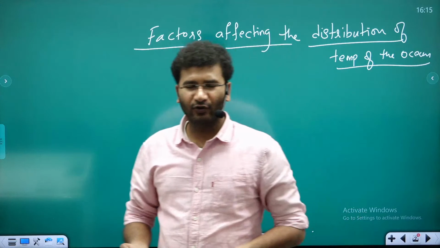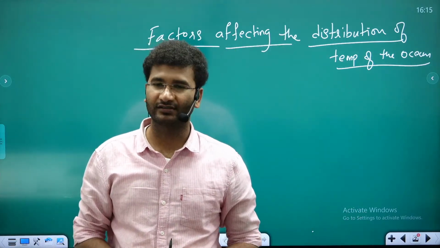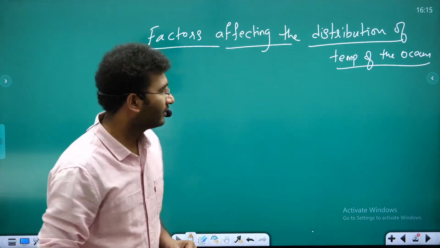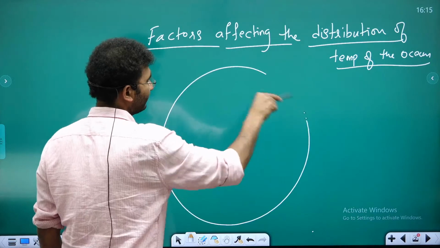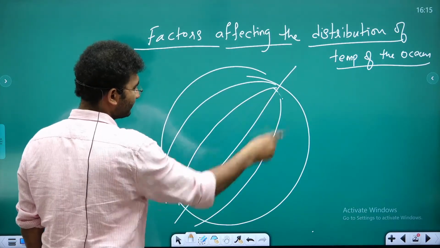The first and foremost factor which actually affects the distribution of temperature of the oceans is nothing but latitude, right? Imagine that this is your globe, and there are multiple oceans present on the globe.